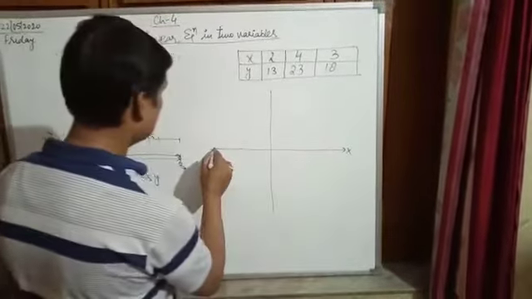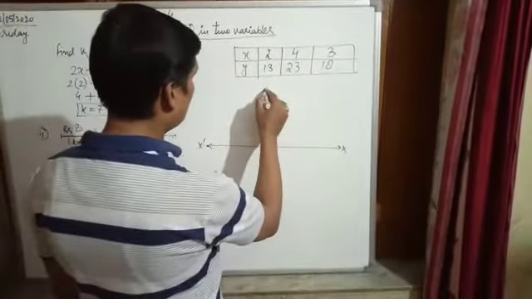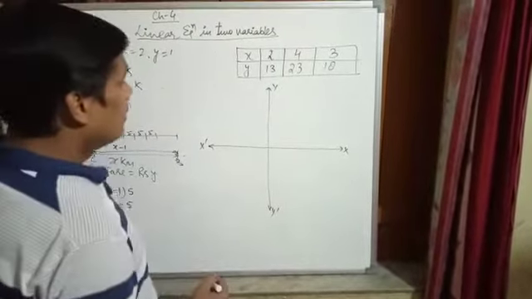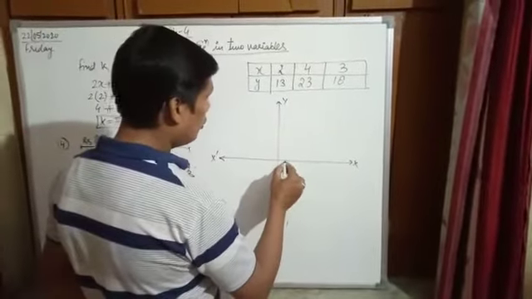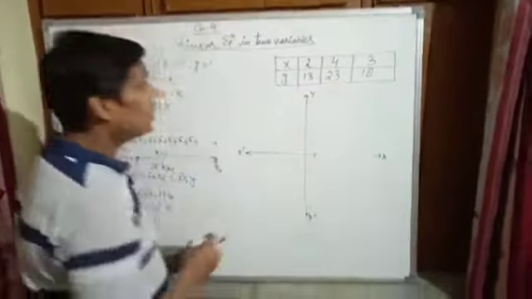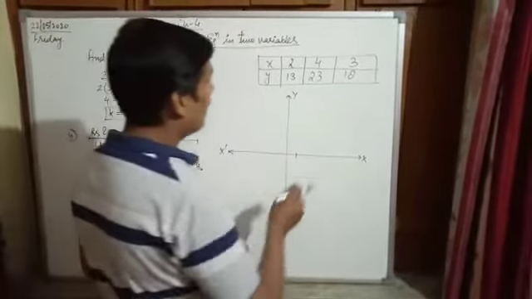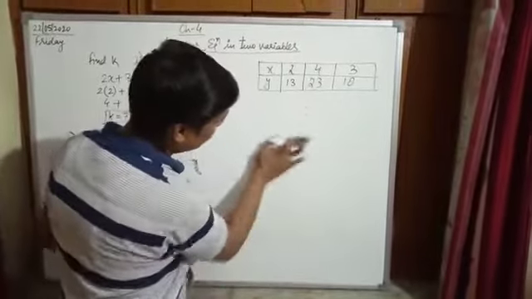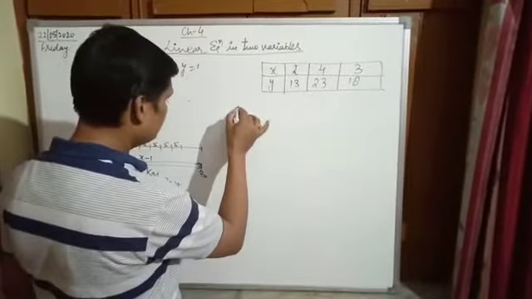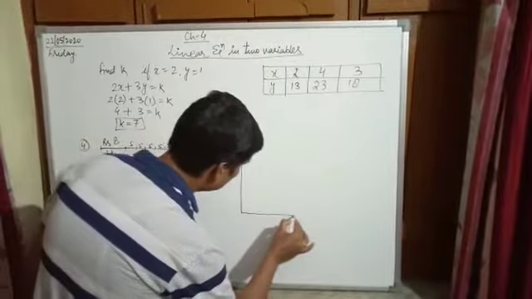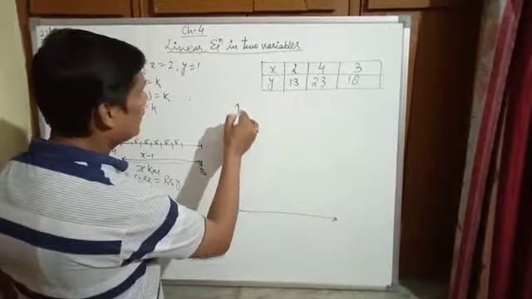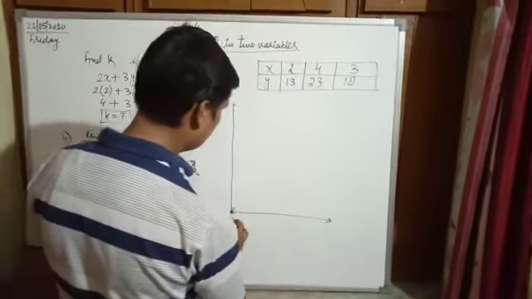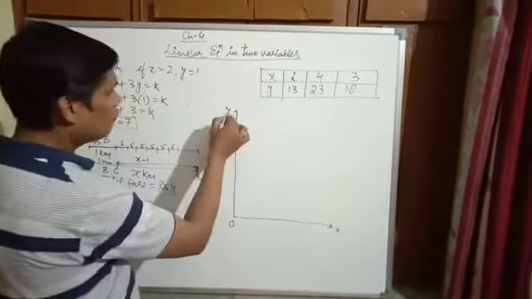This is the x-axis, this is x dash, this is y, and this is y dash. There is no negative point on the x-axis and no negative point on the y-axis, so we can draw it like this. This is the origin, this is x, this is y.